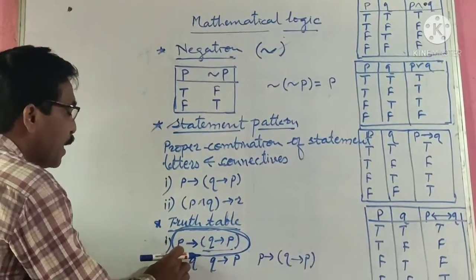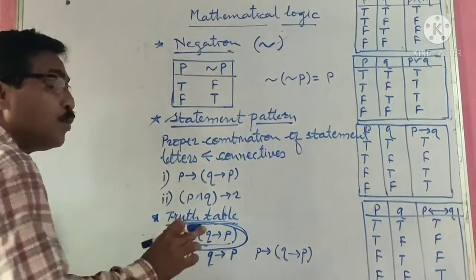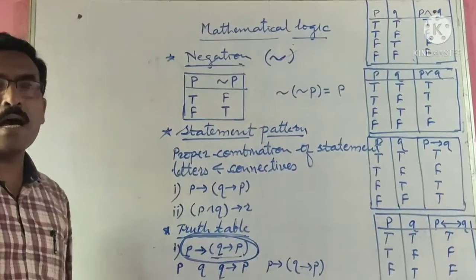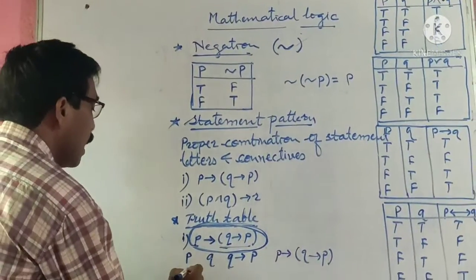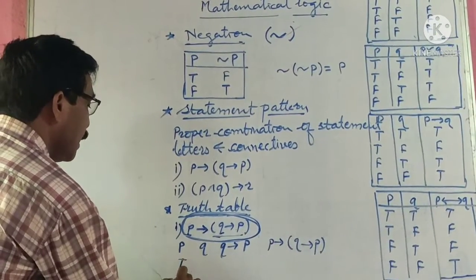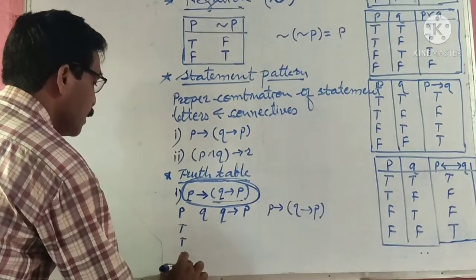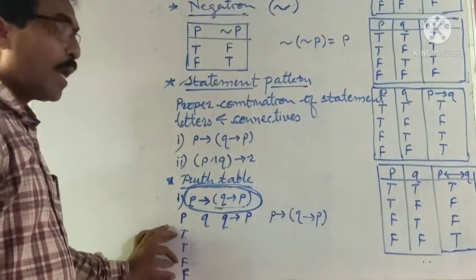Now first we have to write entries in the first column, of P. So when two constituent statements are there, there are 4 entries, and the entries of P are T, T, F, F. That is, first 2 T's and then 2 F's.